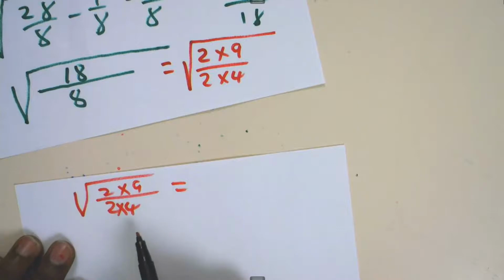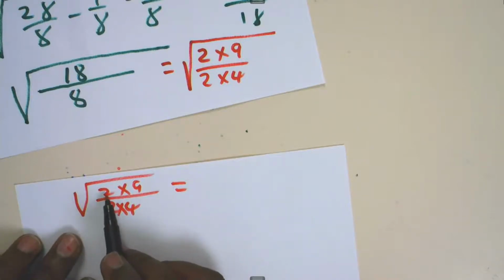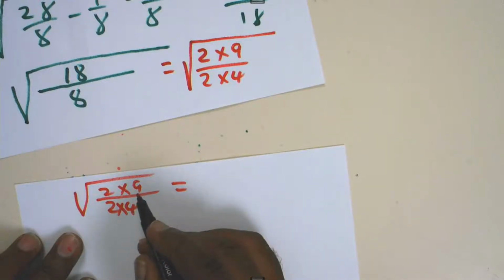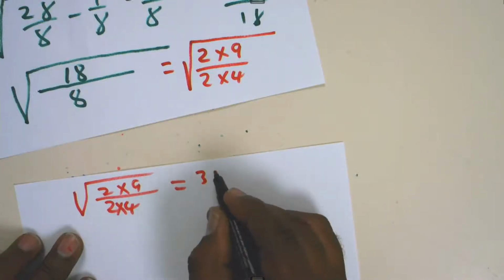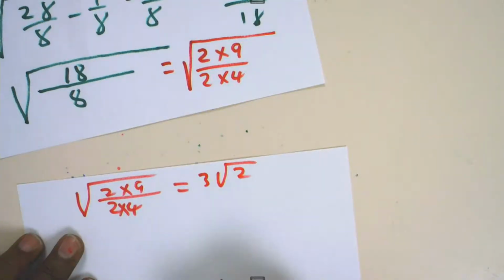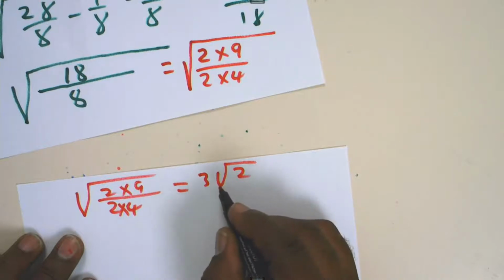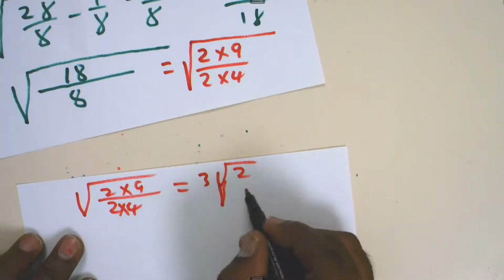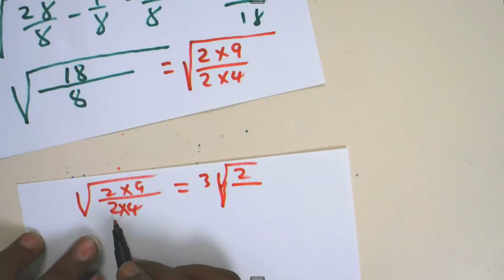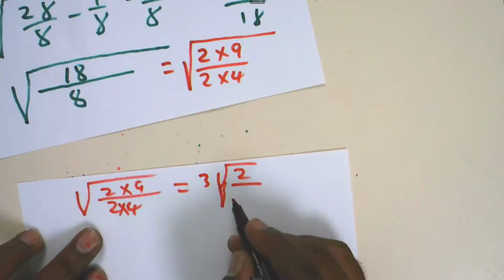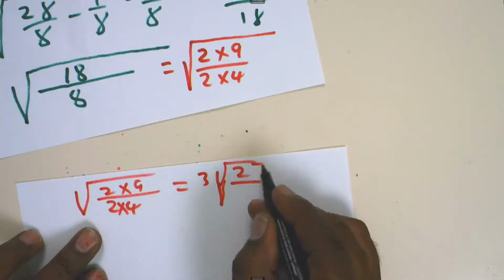Again, we still ask that question. 2 is not a square number, right? And then what is the square root of 9? It is 3. We take it outside. 2 we can't. A 2 is not a square number.